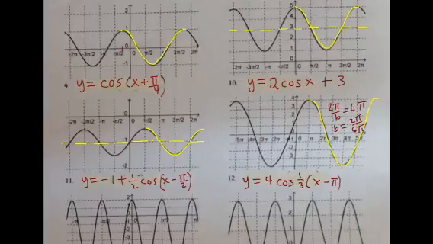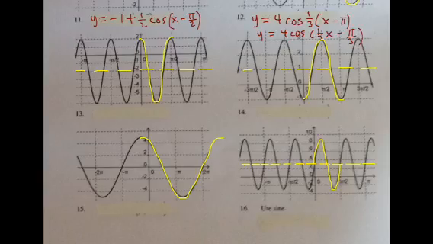You can write it like that, or you can write it with the b inside by distributing. So 1/3 x minus pi over 3. So either one's fine.